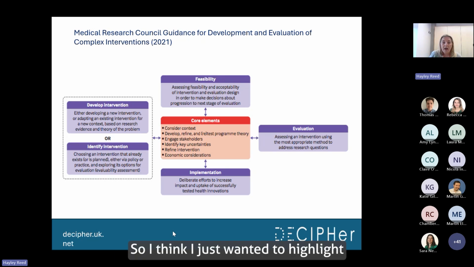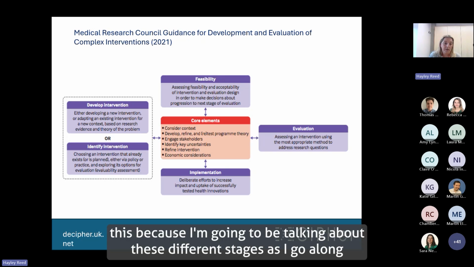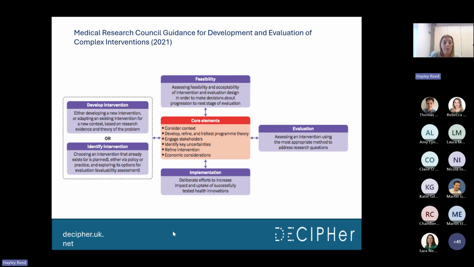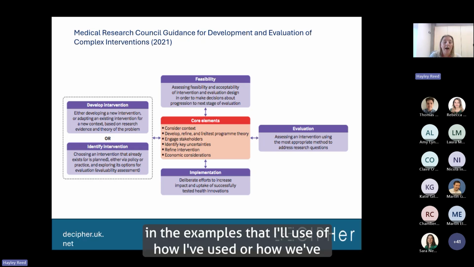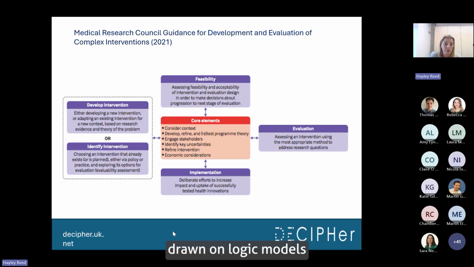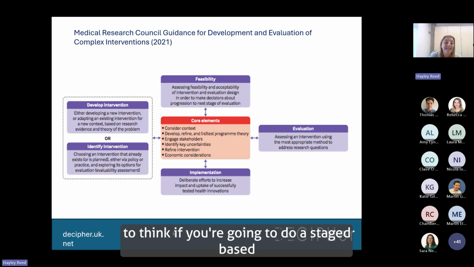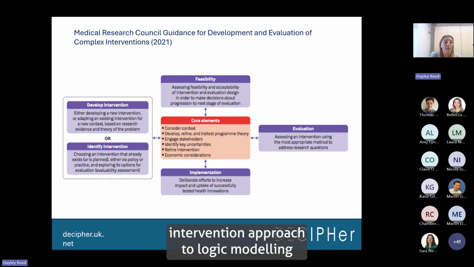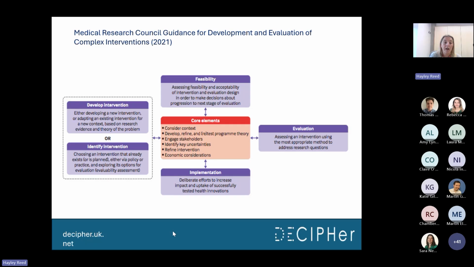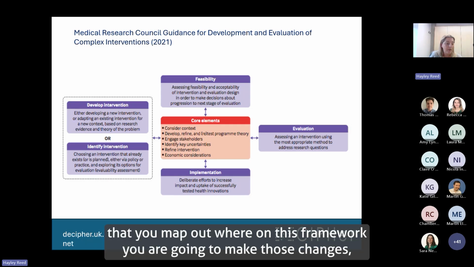So I just wanted to highlight this because I'm going to be talking about these different stages as I go along in the examples of how we've drawn on logic models in Decipher previously. But I think it's really important, if you're going to do a stage-based approach to logic modelling, that you map out where on this framework you are going to make those changes.